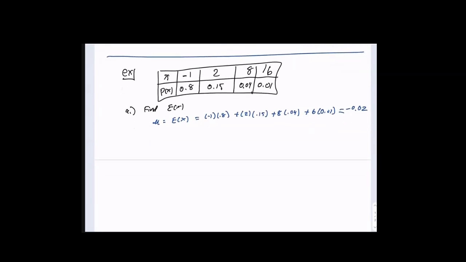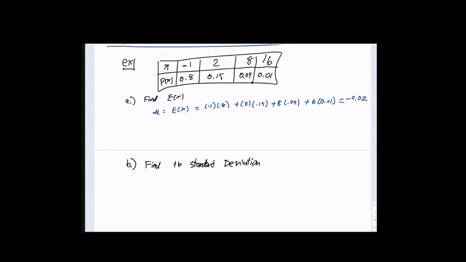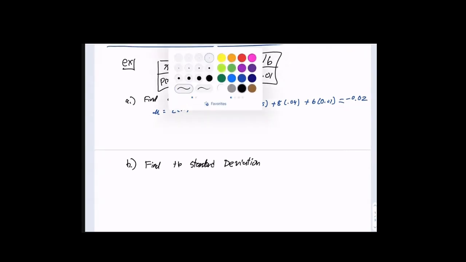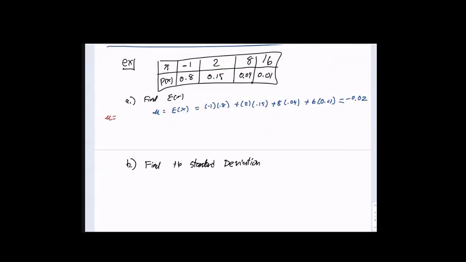All right, and B: find the standard deviation. First off, remember, the formula for the mean is the summation of x p of x. That's how I do it.